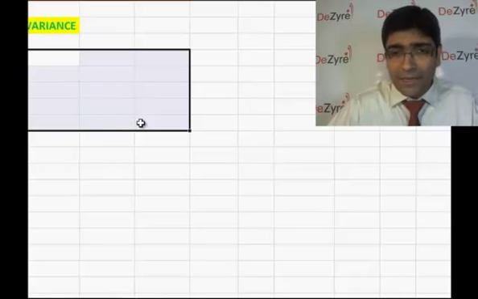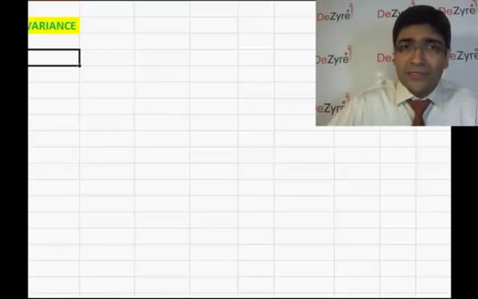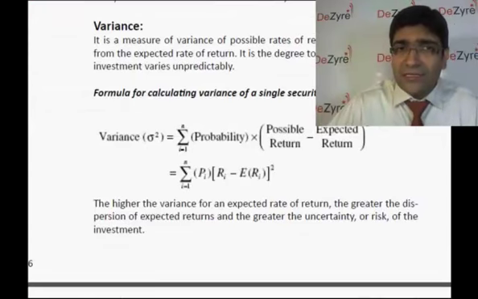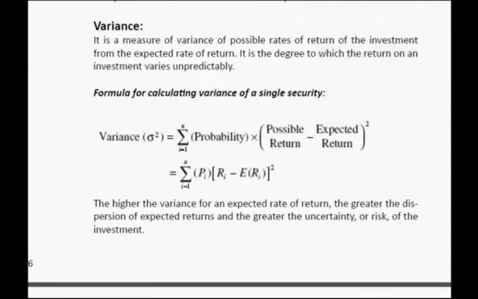If you go to your workbook, page 36 of CPFA, you will find the definition: it is a measure of variation of possible rates of return of the investment from the expected rate of return. Now, what is this expected rate of return? It is your mean over here. Now, the formula is sigma squared.